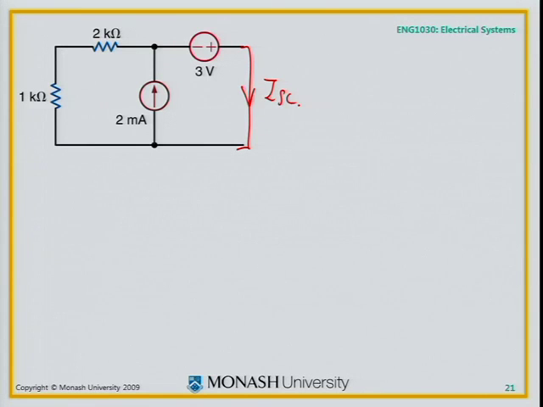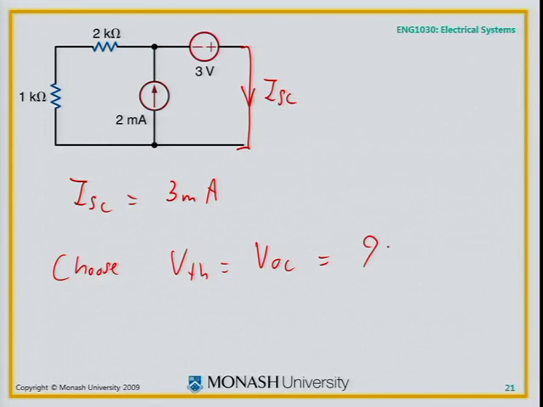That was the second thing you did today. ISC you found was 3 milliamps. We're done. Choose V Thevenin equal to VOC equals 9 volts. R Thevenin has to be VOC divided by ISC, which is 9 volts divided by 3 milliamps, which is 3 k ohms.